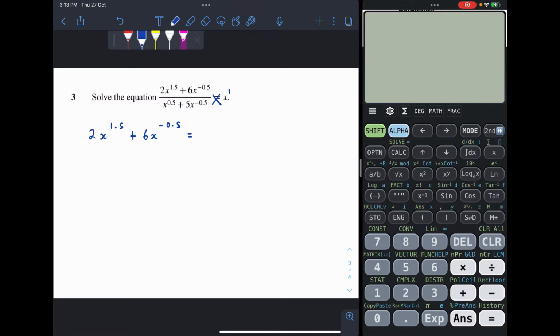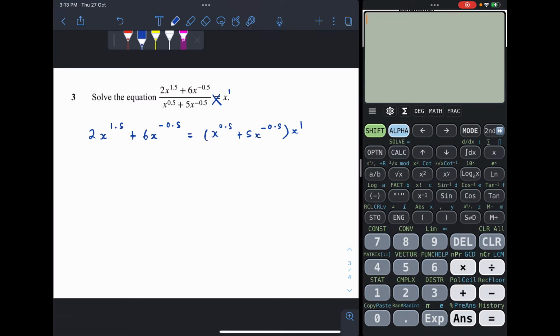Once you do the first line, write an equal sign, and right now we are going to multiply. So it will become, you can write it in a bracket, (x^0.5 + 5x^-0.5)... oops, why is my bracket so ugly? Equals, times x^1 right outside.